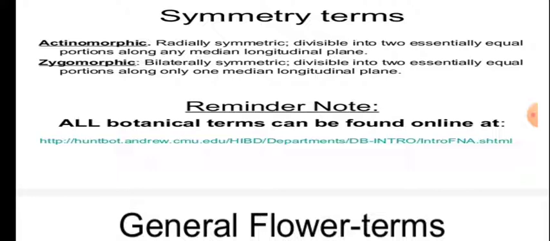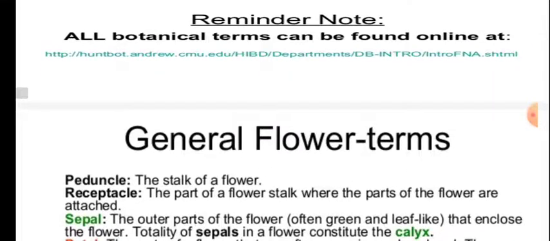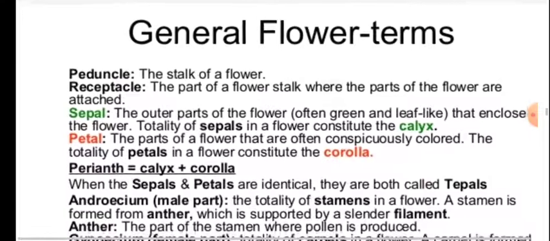Zygomorphic means it shows bilateral symmetry, divisible into two essentially equal portions along only one median longitudinal plane. So as per the botanical study, we have to remember these two conditions.